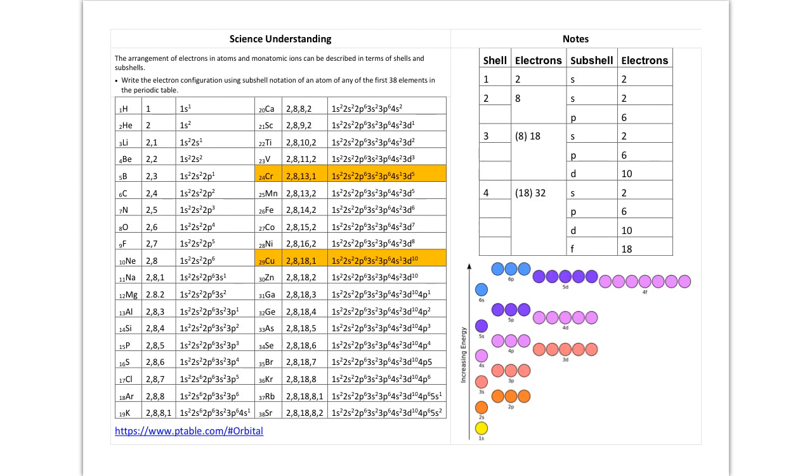In the third shell, we have the S, the P and the D. 2 in the S, 6 in the P, 10 in the D to give 18 electrons in total.